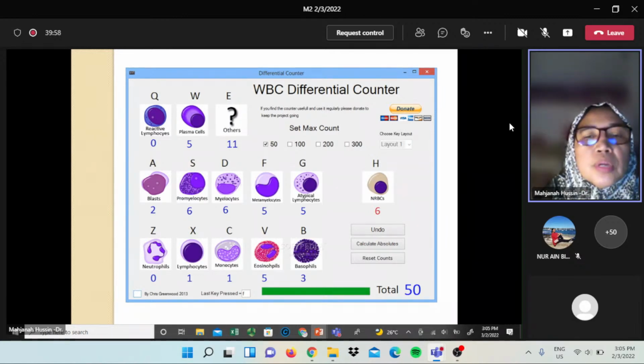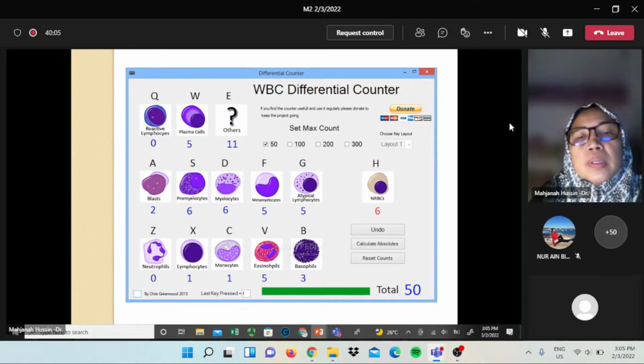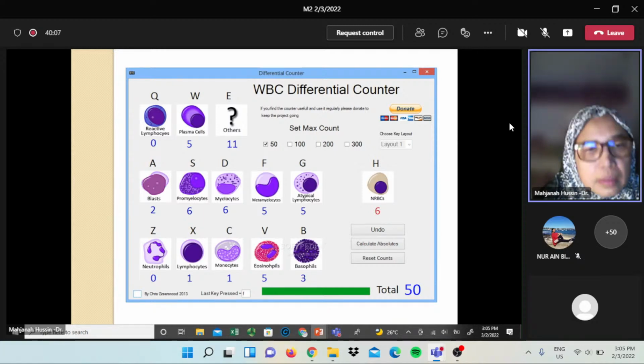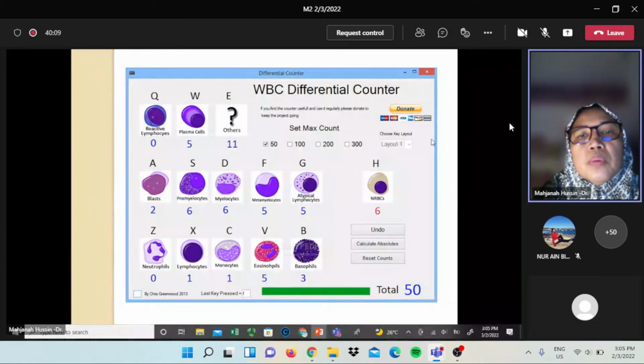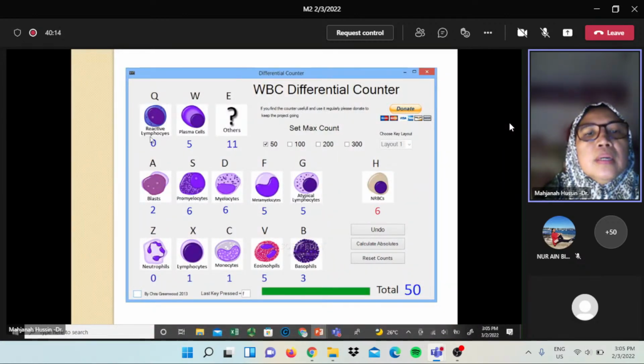In the immuno lab, if you are looking at full blood count, it will be looking at RBC as well as WBC. For the WBC, you will be looking at reactive lymphocytes. This is the diagram, so you can look for this type of cell, and how many there are inside.